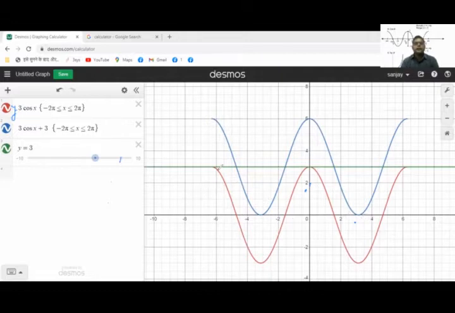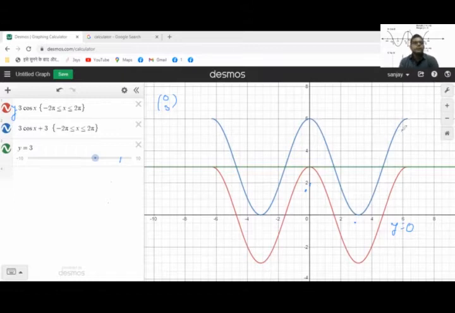So the graph of 3 cos x will show the same property about the line y equals 3 instead of about the line y equals 0, which is the x-axis. While translating this graph by 3 units, or you can say the translation vector (0, 3), only the position of the graph has changed. There is no change in the shape of the graph.